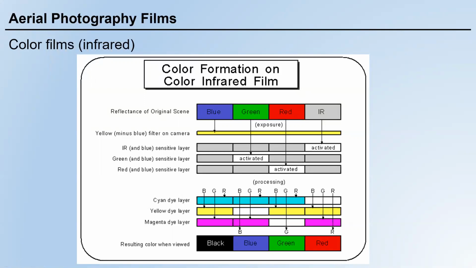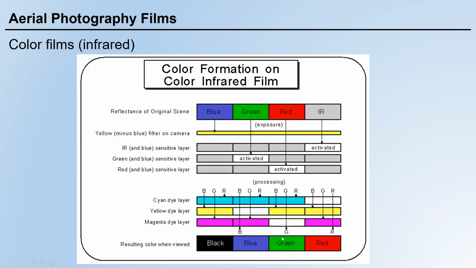So everything has been upshifted and blue has been eliminated. In your image, blue is actually used to portray all green objects in the real world. So upshift from blue to green. Green is used in your color infrared image to portray red objects in the real world.